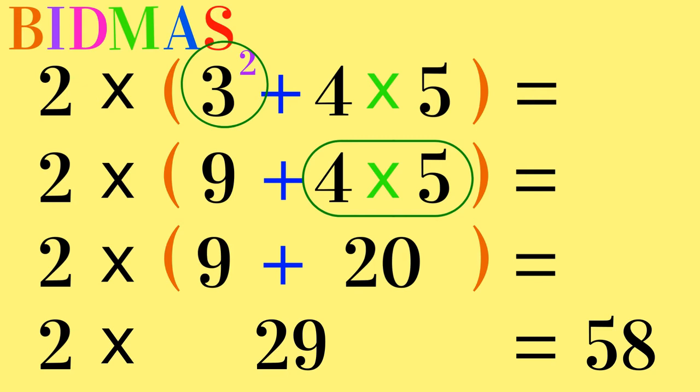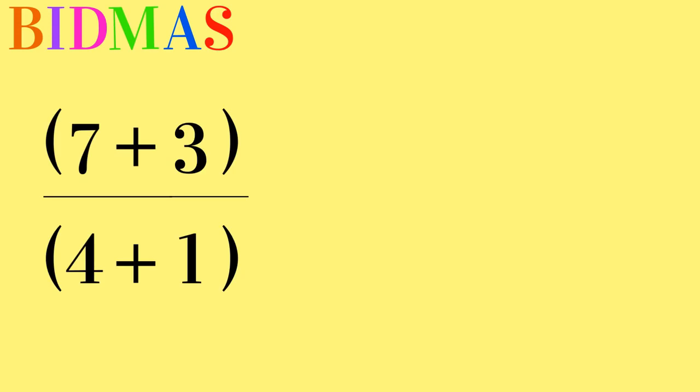It is worth remembering that sometimes division questions can be written with one series of numbers over another, like this. Using BIDMAS to find the answer, we first need to address the brackets.